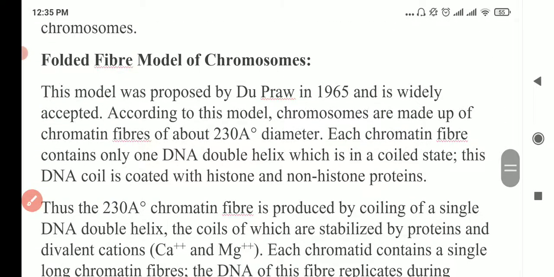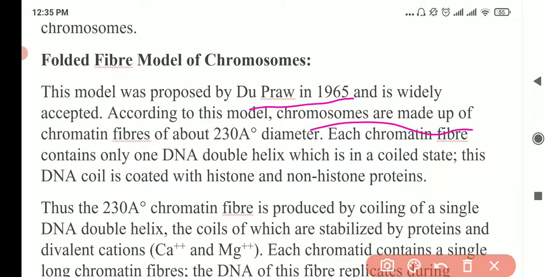Now the fiber folded model was proposed by Dupuy and is widely accepted. Chromosomes are made up of chromatin fibers about 230 angstrom in diameter. Each chromatin fiber has only one double helix of DNA, which is in a coiled state.